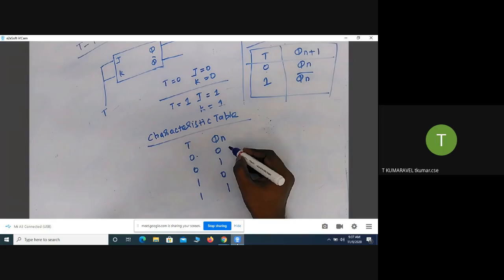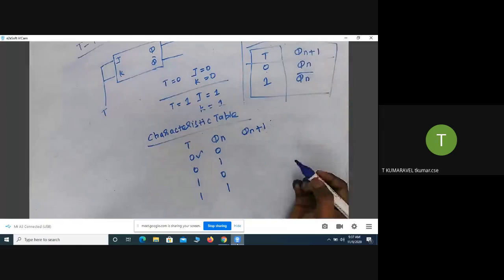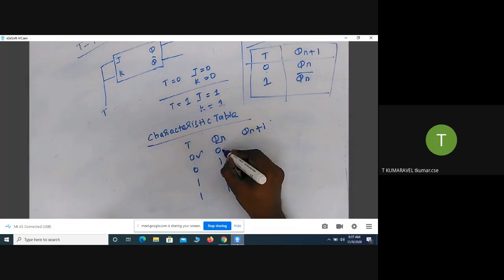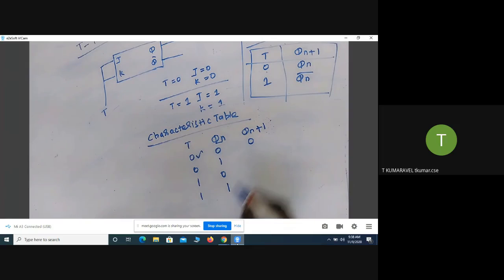My input is 0, which means it will retain the previous state. Qn is called the previous state. What is the value in Qn? Q suffix 0, so I'm going to write 0.